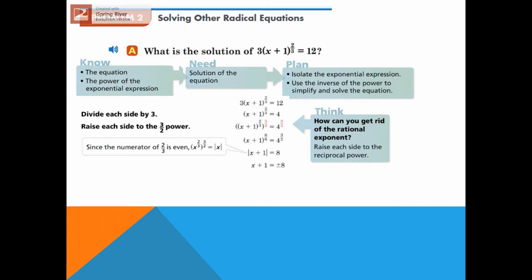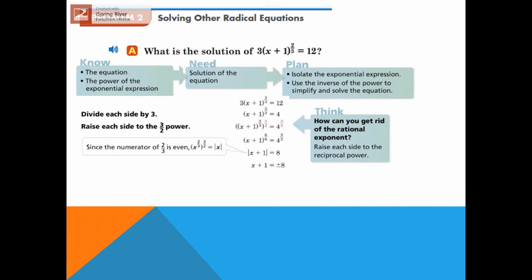So what is the square root of 4 raised to 3? Yes, and that is 8. So the absolute value of x plus 1 is equal to 8. Now, x plus 1 is equal to positive and negative 8. To get rid of the absolute value of x plus 1, we need to put positive and negative on the other side of the equation.